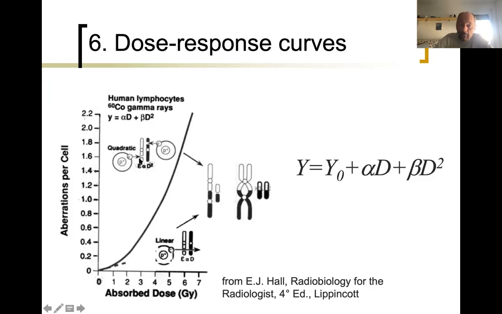Or two different electrons make two breaks in different chromosomes, and this is proportional to the dose times the dose. So at the end, the number of dicentrics per cell will be proportional to alpha d plus beta d square, and y0 is the background value of the chromosomal aberrations.